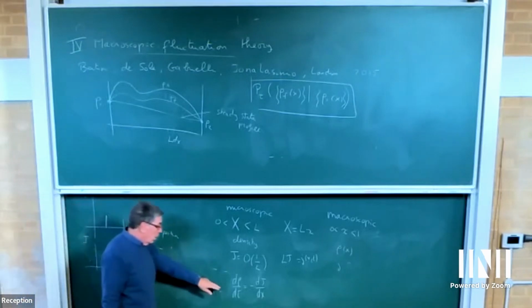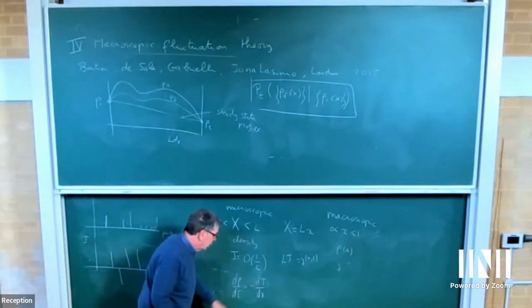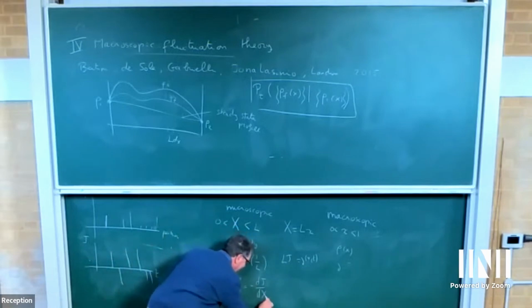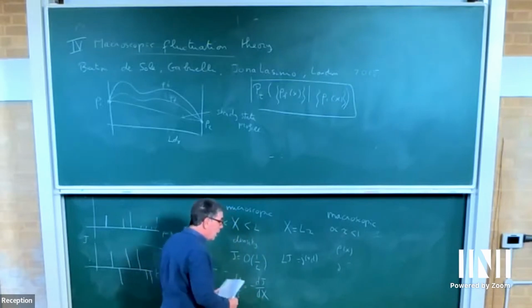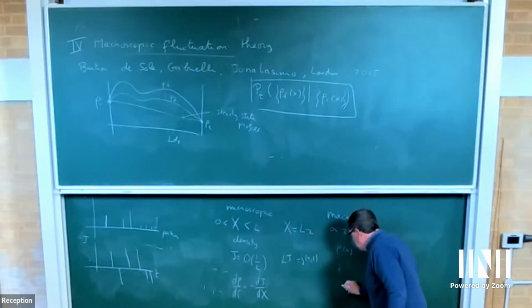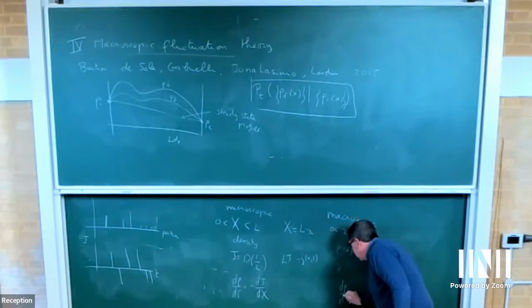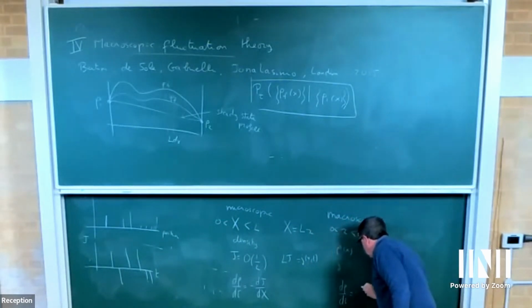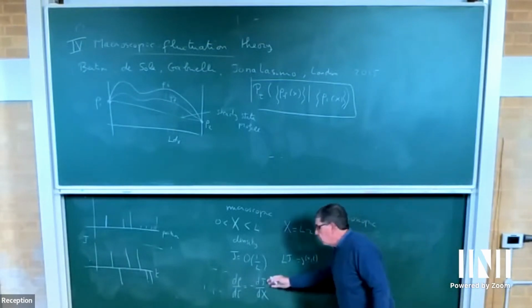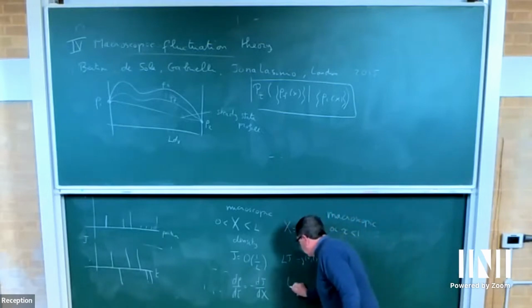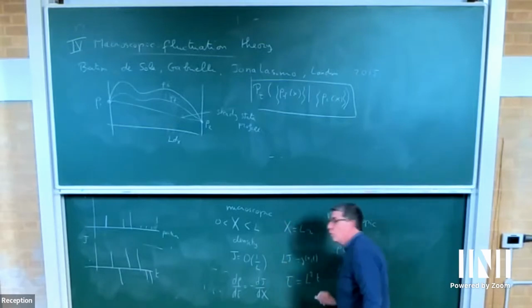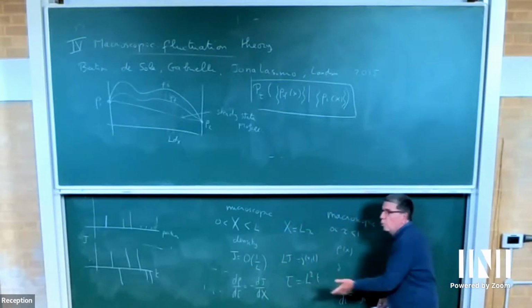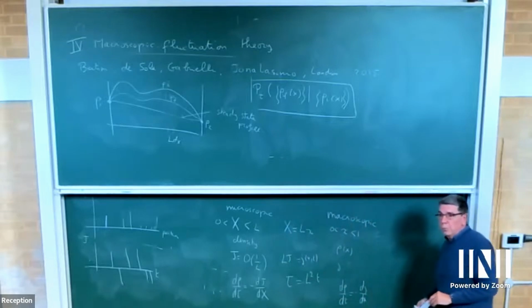Okay, so now you see that j is of order 1 over L, x is of order L. So in fact, the equation will be ∂ρ/∂t equals minus ∂J/∂X. Now, macroscopic, but because of the L dependence, the microscopic time is equal to L squared times the macroscopic time. And somehow L squared says that the system is diffusive.